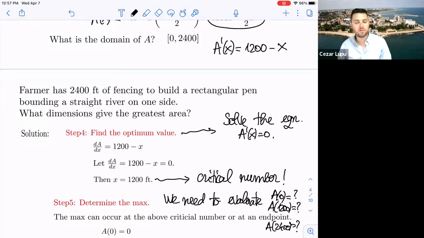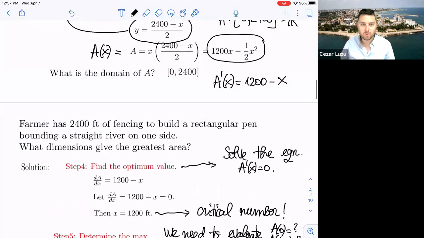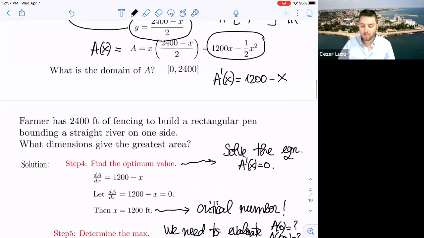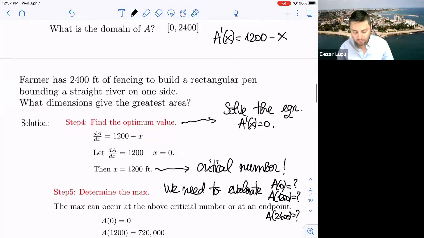Great. A of 0 is 0. No question about that. Just don't forget what your function is. It's right here. So when you plug in x equals 0, it will give you 0. Now when you plug in 1200, it will give you this value, right?